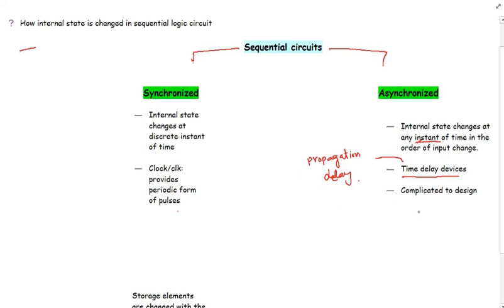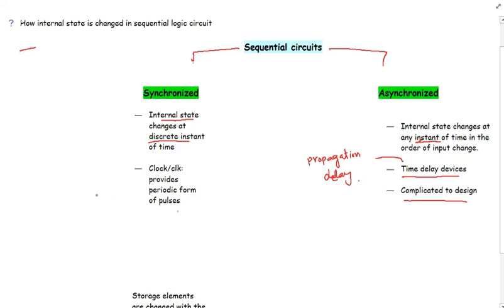So this is complicated to design, and for the time being our focus is on the synchronized type of sequential circuits. In synchronized sequential circuits, the internal state changes only at discrete instants of time.